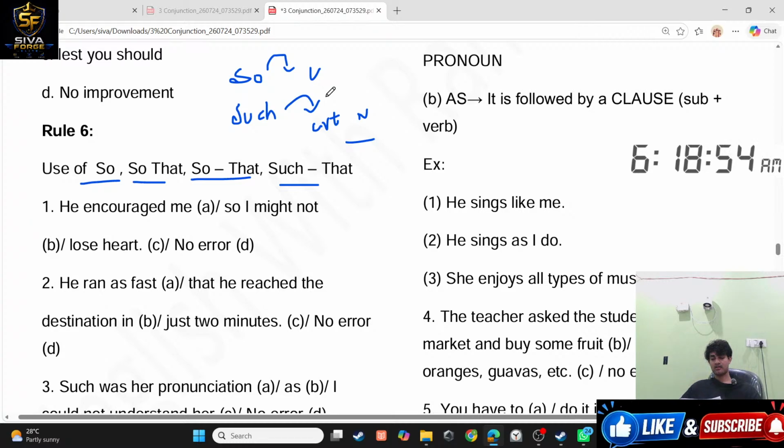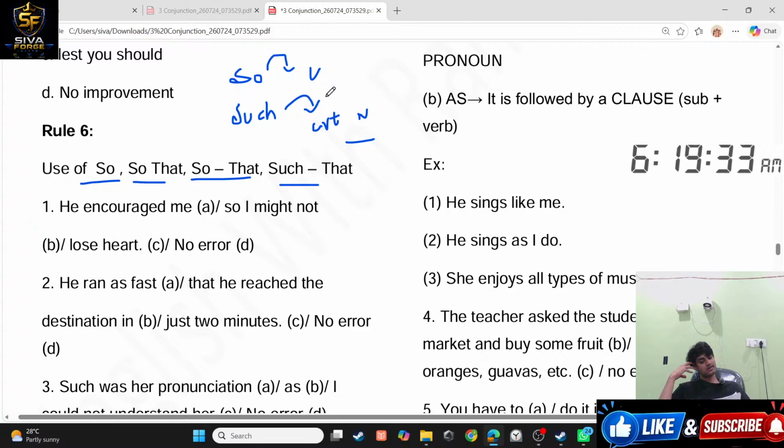He is so young that he cannot take his decisions. Here, young is an adjective. He is so young a boy that he cannot take his decisions.